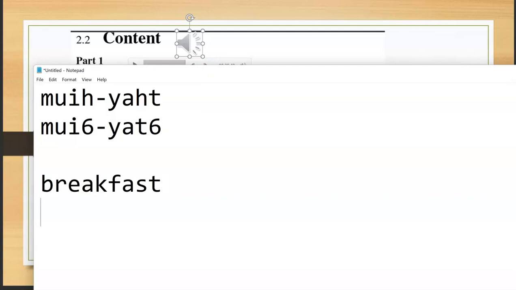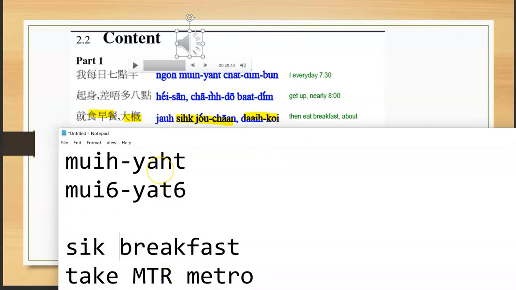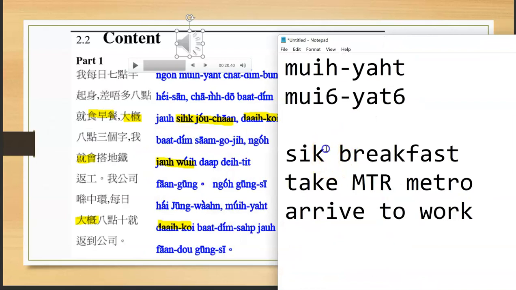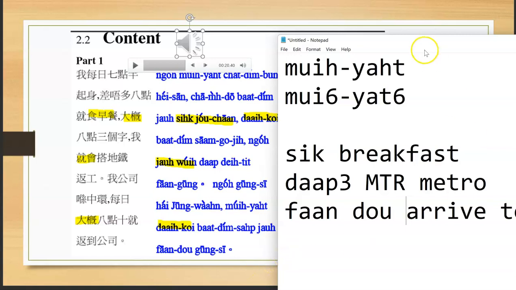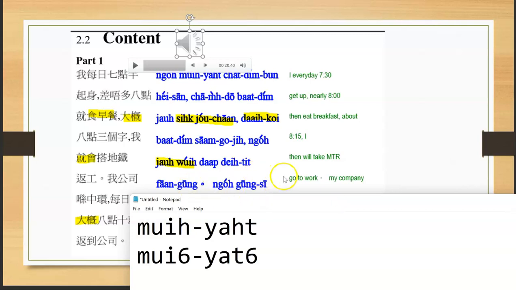Metro, and then arrive to work. It would be 返到公司. Okay, so 返工 is go to work. You can see here 返工, go to work.